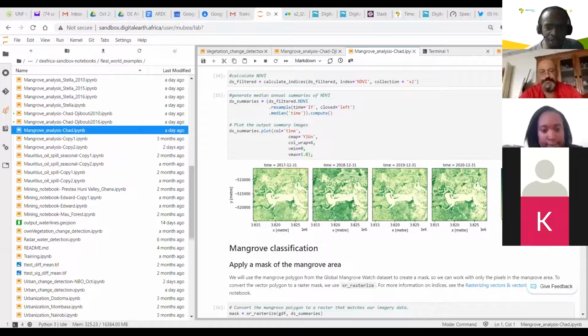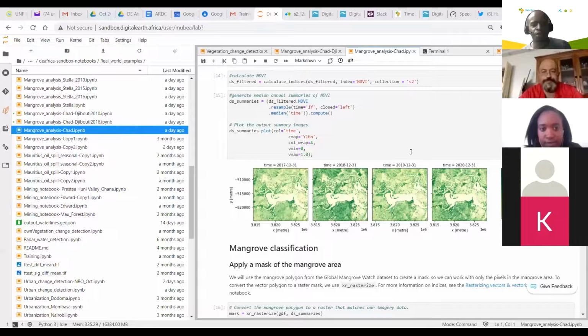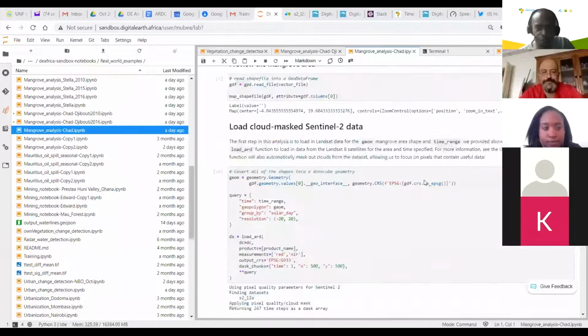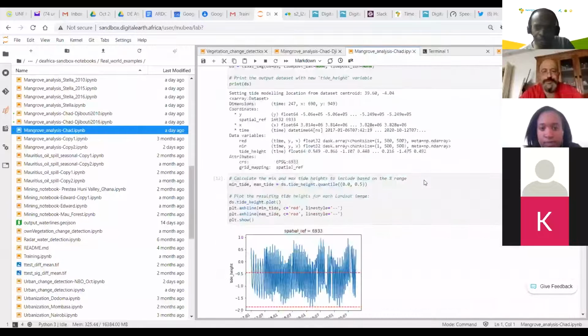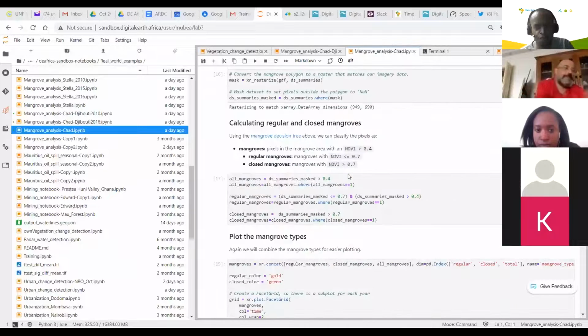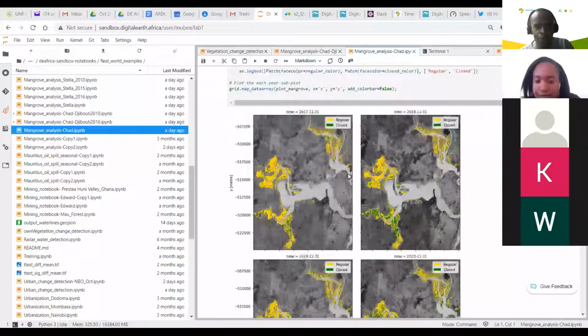So this was based on the original. Let me first welcome our guest of honor, Edward, who is joining us. This is based on my colleague, who also started with an overview of the same for Mombasa in Kenya. Looking at the variability in the results, the mangroves possibly were not changing much for Djibouti.